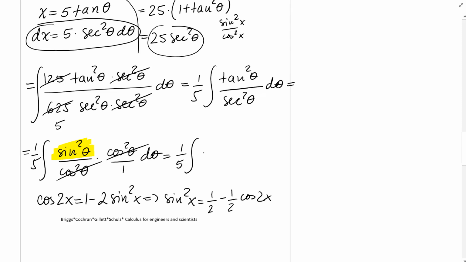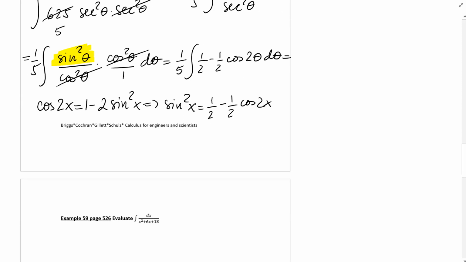So in our case, it's 1 over 2 minus 1 over 2 cosine of 2 theta, d theta. So when we calculate this, we get 1 over 10 theta minus 1 over 10, and then integral of cosine of 2 theta is sine of 2 theta over 2, and now this gives us theta over 10 minus sine of 2 theta over 20.